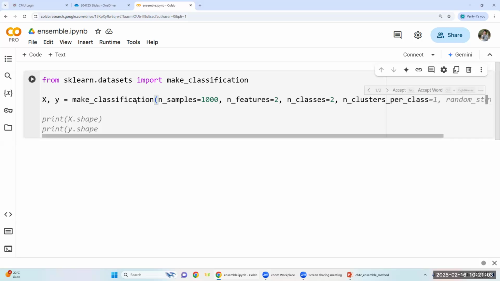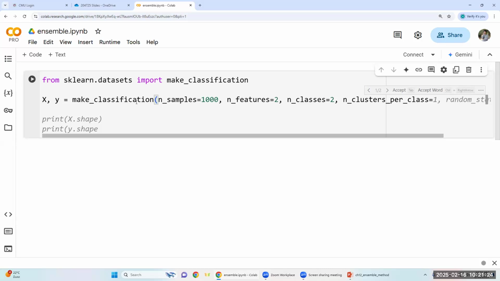So if we only have one cluster for one class, it's going to be easy to find the linear separation. But if one class has multiple clusters across the input space, then a linear classifier may not be able to get that.